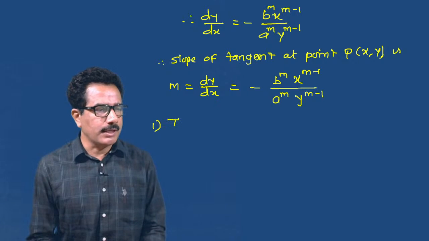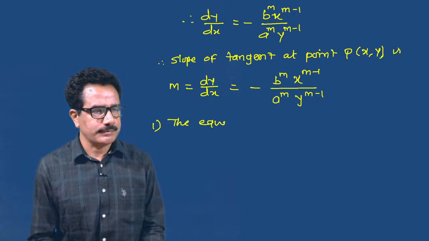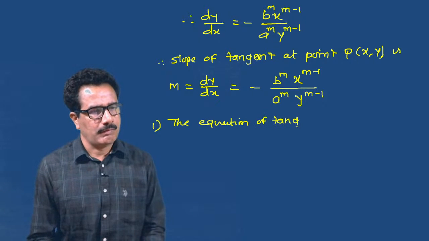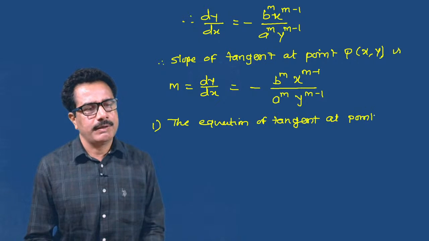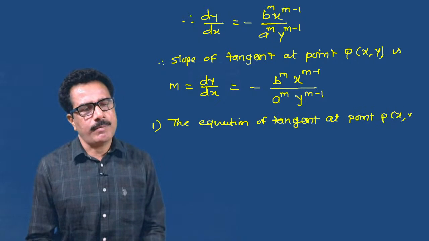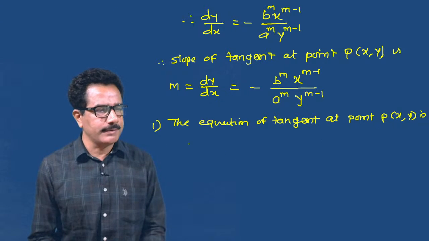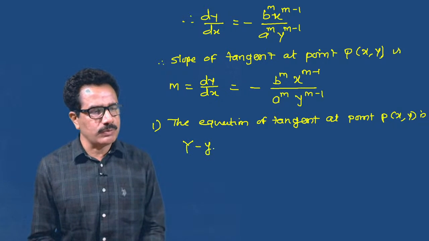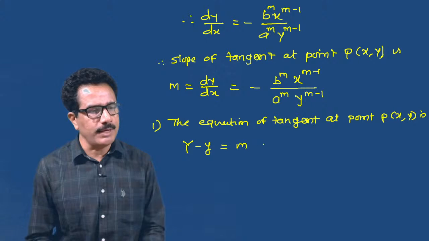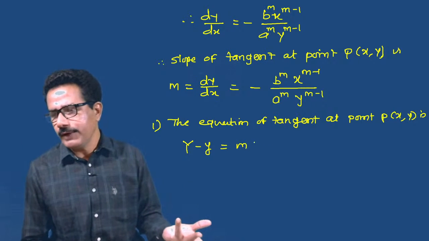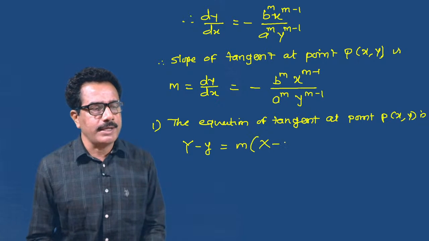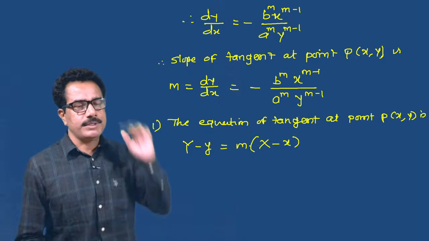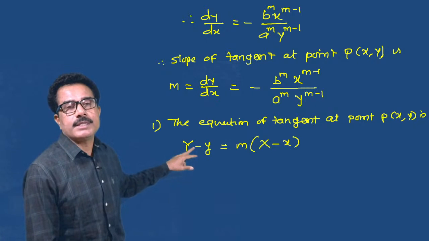then definitely you can calculate the equation of a tangent. Therefore, the equation of a tangent at point P(x, y) is, what is that? Capital Y minus small y is equals to, suppose m into, or we can write f dash of x into capital X minus small x.